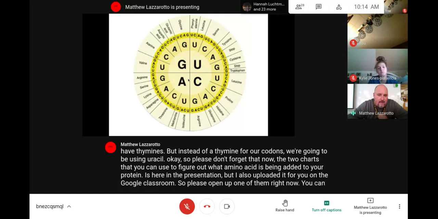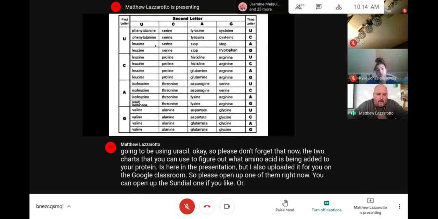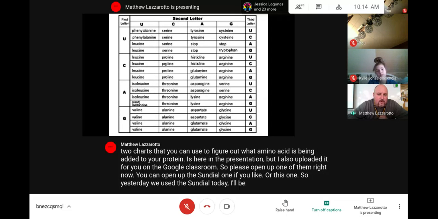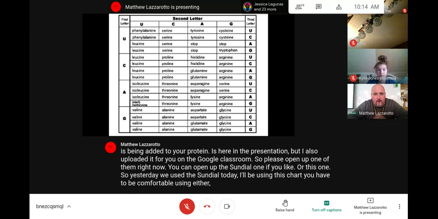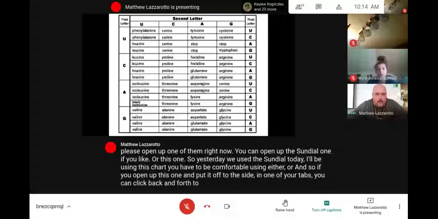You can open up the sundial one if you like, or this one. So yesterday we used the sundial. Today I'll be using this chart. You have to be comfortable using either or. If you open up this one and put it off to the side in one of your tabs, you can click back and forth to see how I'm reading it.